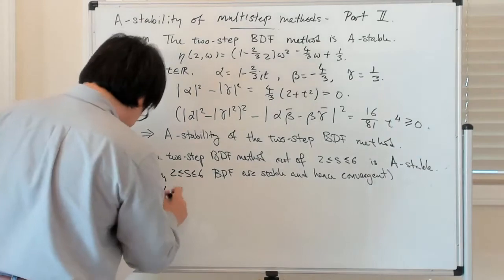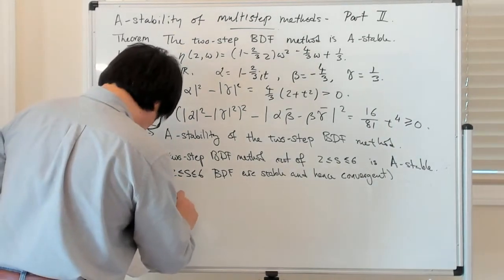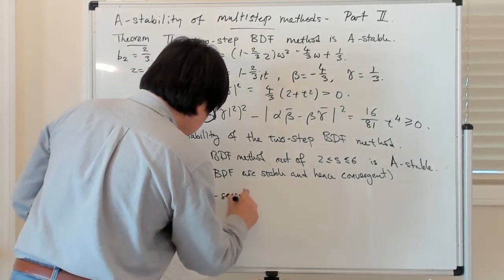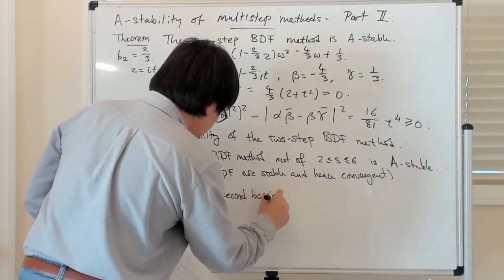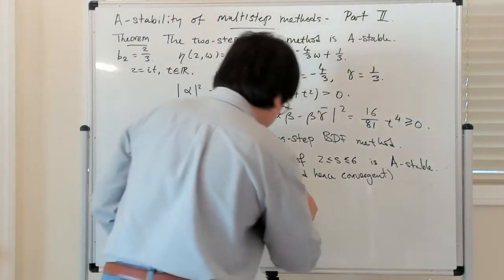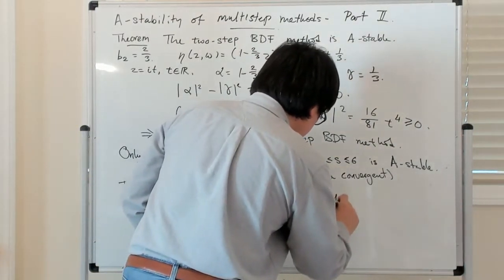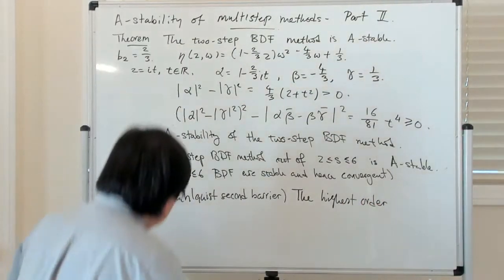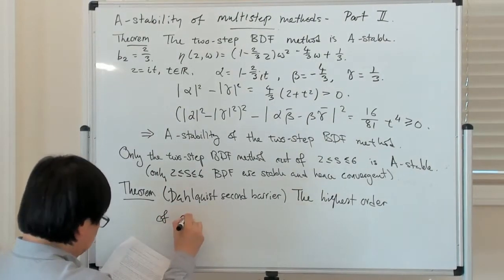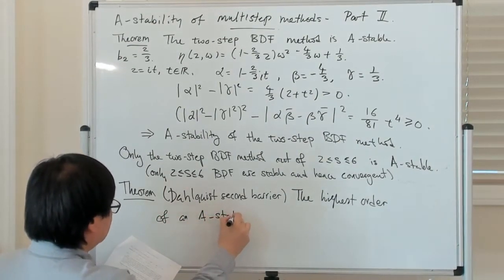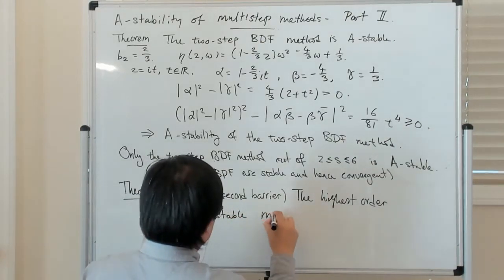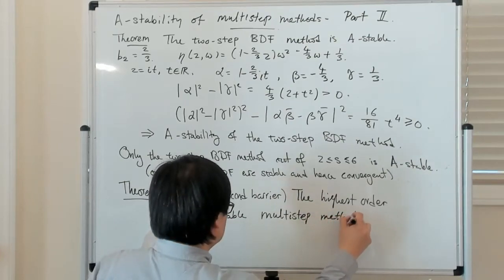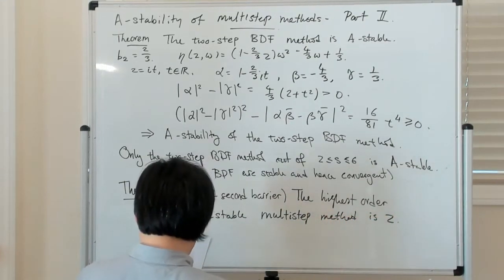This is called the Dahlquist second barrier: the highest order of an A-stable multi-step method is 2.